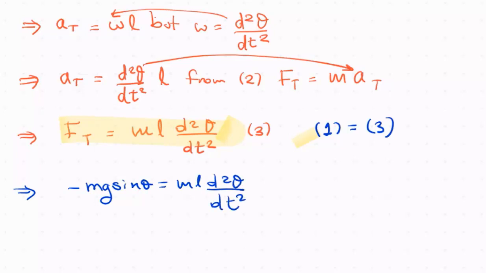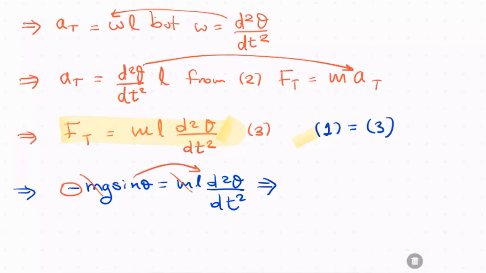Okay, guys, let's simplify this equation. The mass cancels because the mass is on both sides of the equation, and we will have something like this. Okay, let's send this minus sign here. We can send this term to this side.